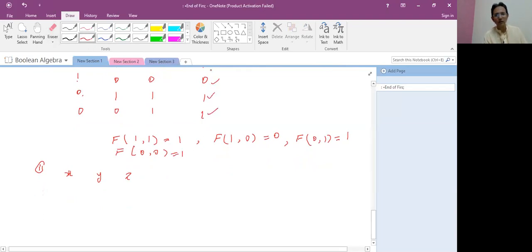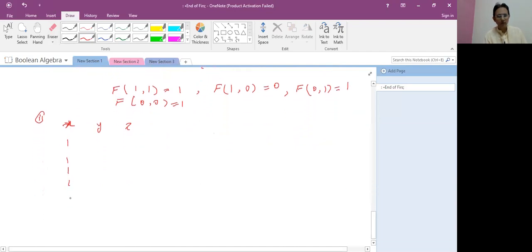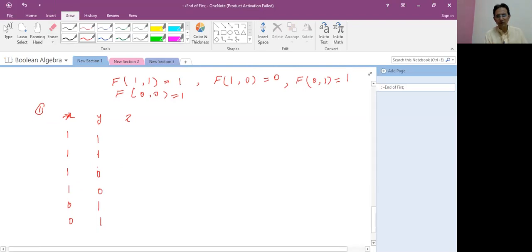So these are the values of the function we put here. Now when we consider the 3 variables, because the function depends on 3 variables, we will consider 8 values: 1 1 1, 1 1 0, 1 0 1, 1 0 0, 0 1 1, 0 1 0, 0 0 1, 0 0 0.